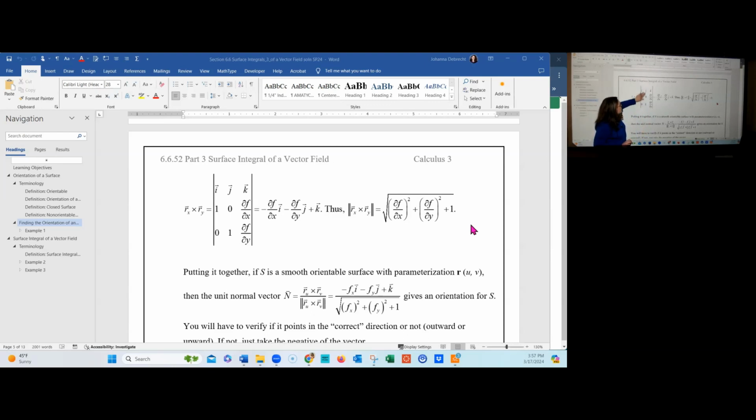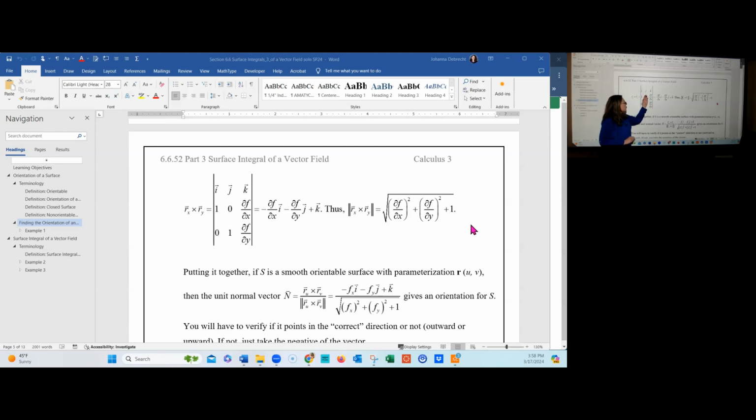Marking out column 1 and row 1, then I have 0 times the partial of f with respect to y, which is 0, minus the partial of f with respect to x times 1. This gives me the negative partial of f with respect to x in the i hat direction.